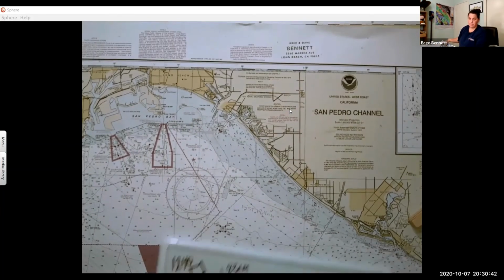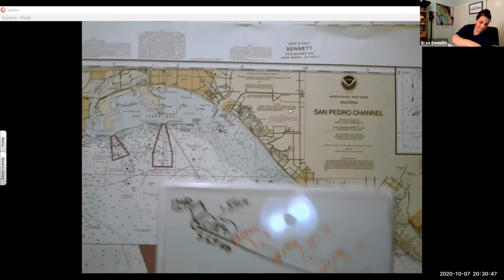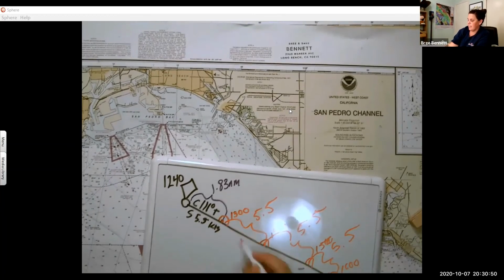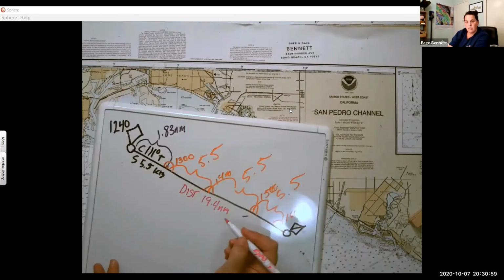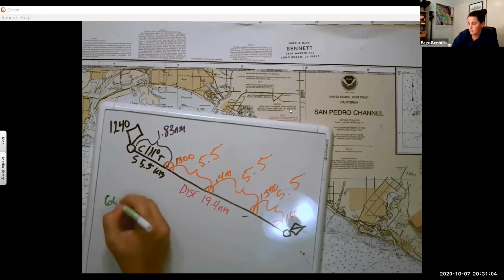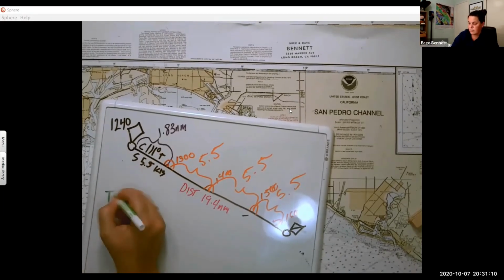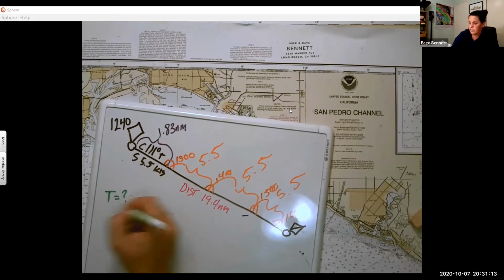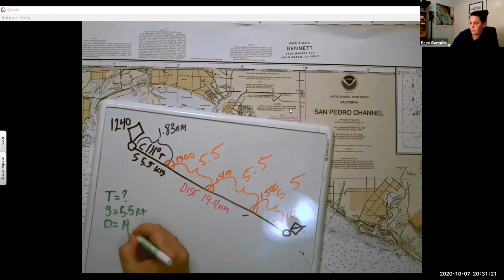But to do it accurately, if you will, we had a distance of 19.4 nautical miles. Excuse me. We want to know a time. So our speed is 5.5, distance is 19.4.